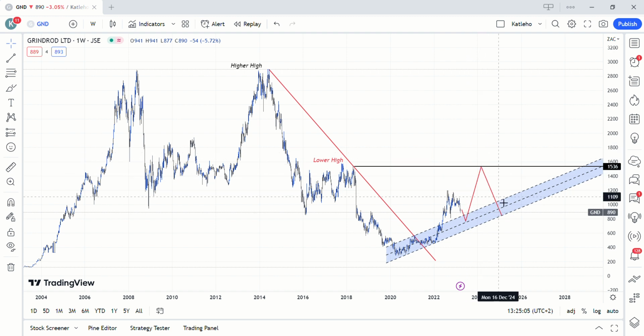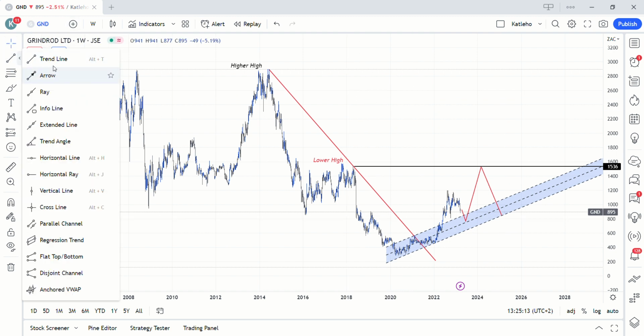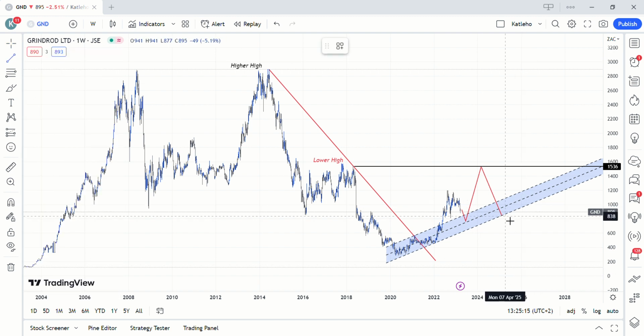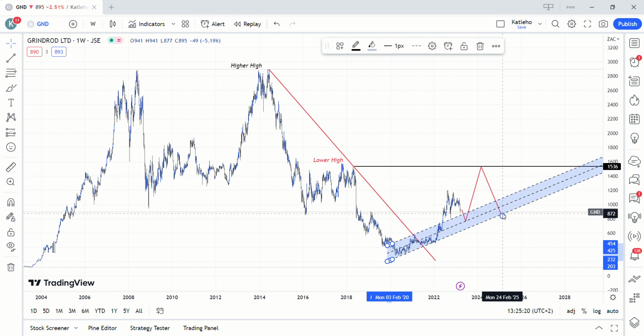Here we can anticipate a further drop to the lower boundary of the channel, where the stock will find support, and we anticipate a bounce.